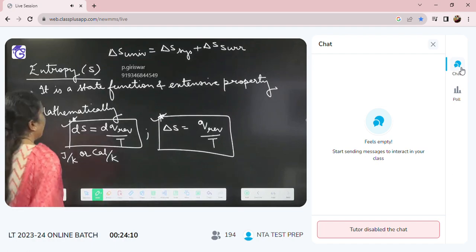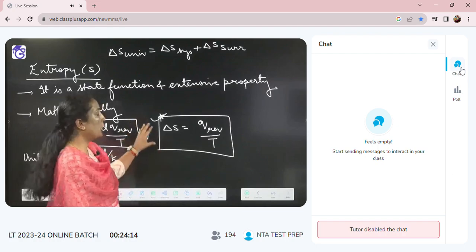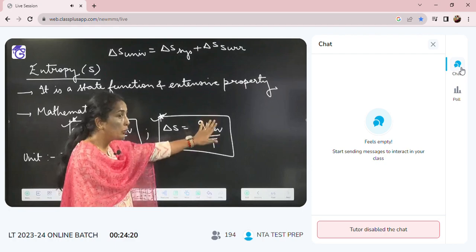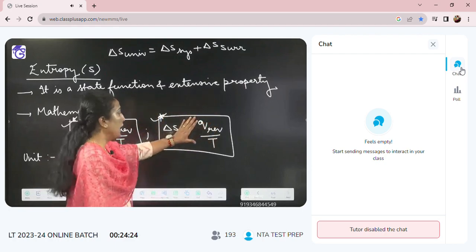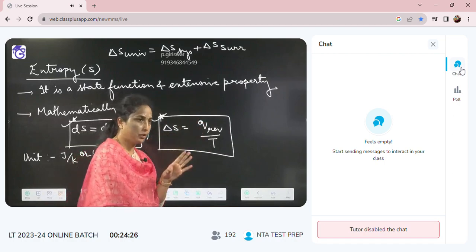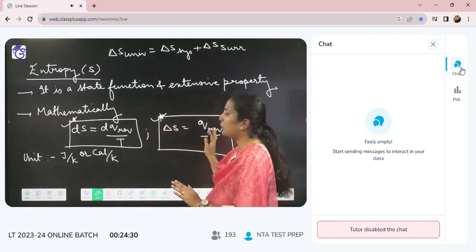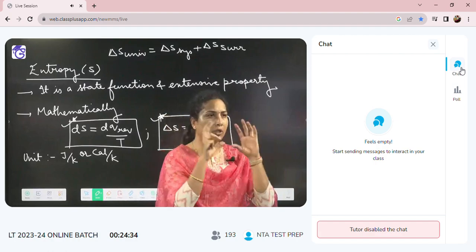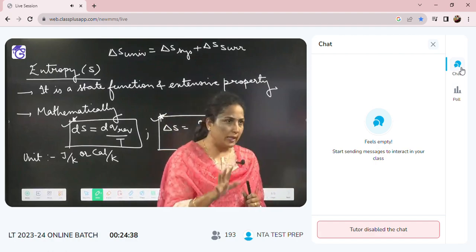Fine. Now let us try to understand a very important thing here. Are you able to see that the entropy change is directly varying with the amount of heat which you are entering into the system or leaving the system, and inversely proportional to temperature. Suppose in a closed room you have enclosed gas, right?